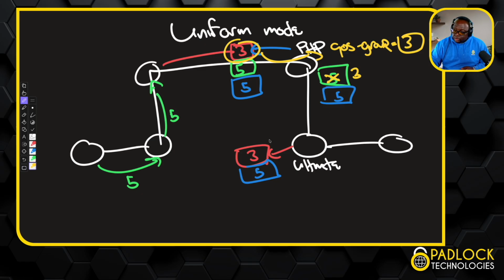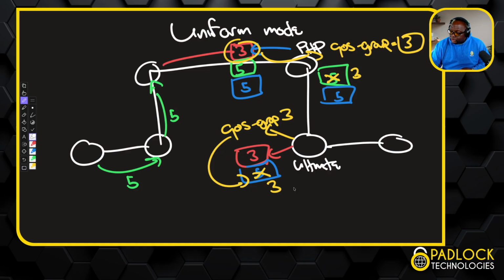When it gets here, you have to do the same QoS group concept. So you take that 3 value and put it in QoS group 3, and then you copy that down into the IP packet. So this will now become a 3. And then your QoS outbound policy will be based on this number and not the initial 5, right?